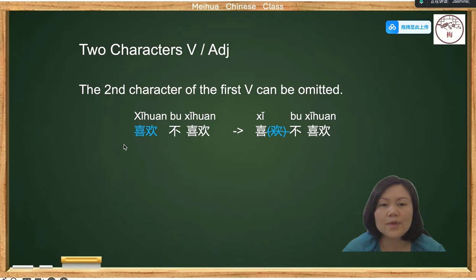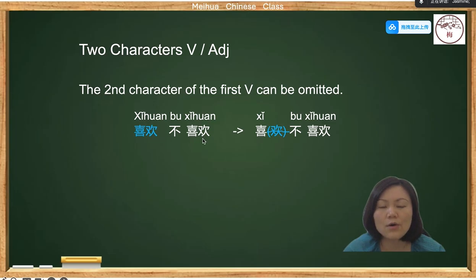For example, 喜欢 is a verb. It's a two-syllable, two-character word. In this structure, especially in oral Chinese, we can ignore the second character in the verb.